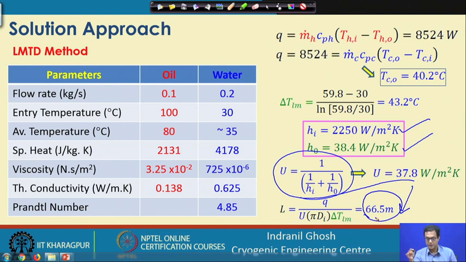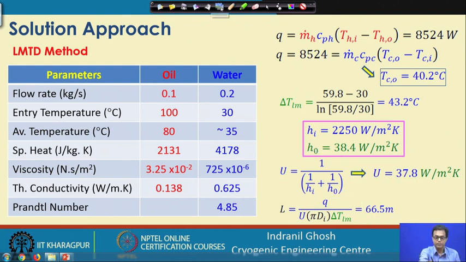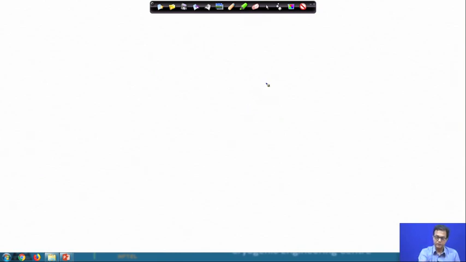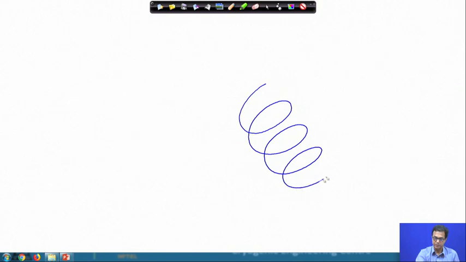meter. It appears to be pretty long, and obviously you can understand that it cannot be a simple straight tube. We have to make a helix like this, or a coil, through the tube.